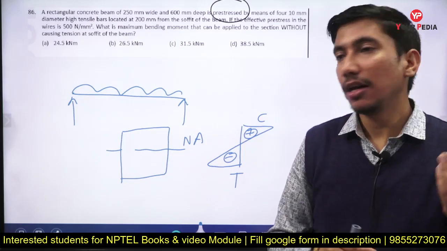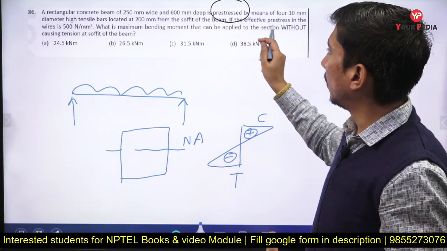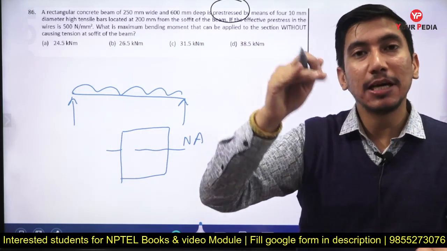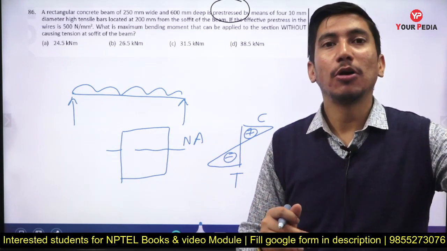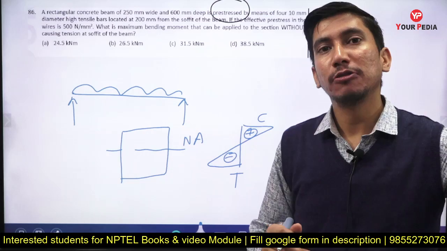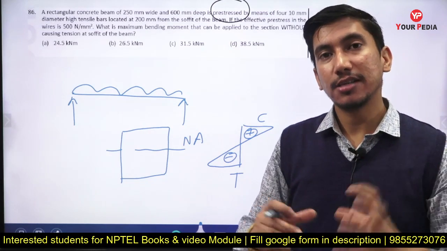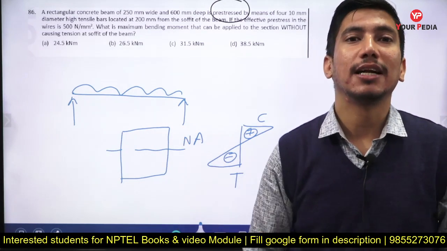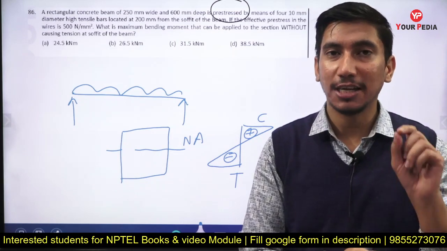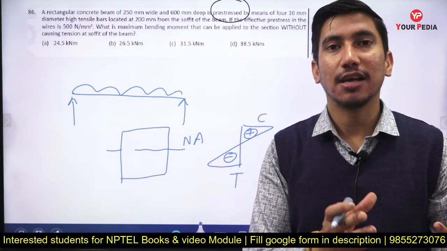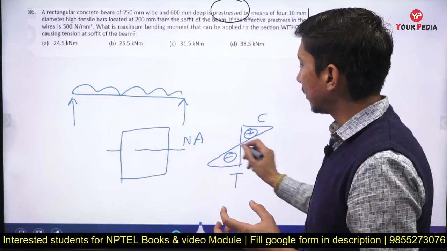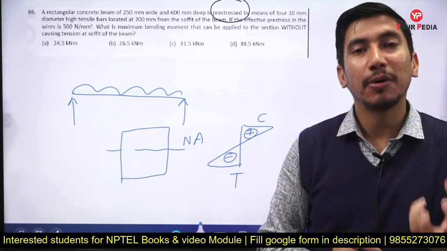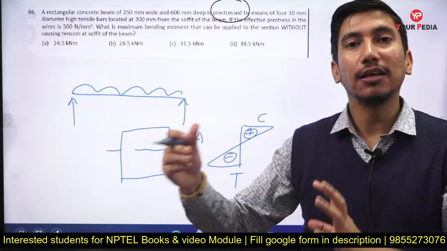There is a limit to the maximum bending moment that can be applied over that beam, because depending upon whatever magnitude of the pre-stress we are giving, there is a limit over the maximum bending moment that can be applied so that there is no tension. I'll explain how these stresses get arranged and how this tension gets completely neutralized by the application of pre-stress, but in the coming slides.